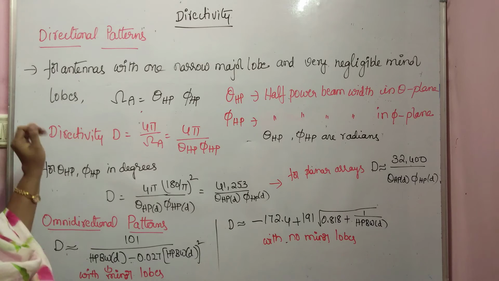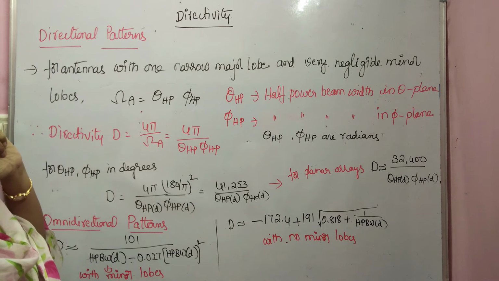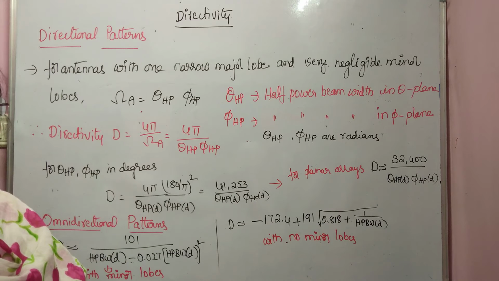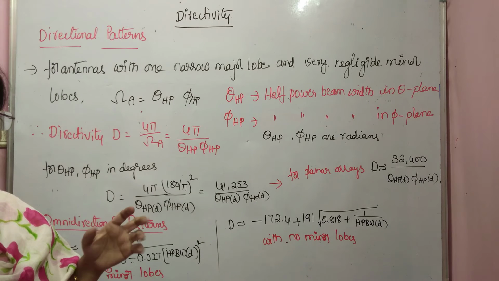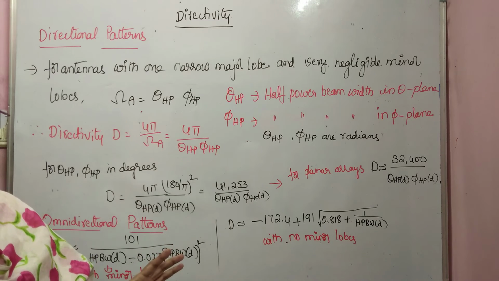Okay. This is an extension point of directivity. Suppose we want to find the directivity of a directional pattern. What is by directional pattern? The pattern, and the directional pattern, the radiation is maximum in one direction.